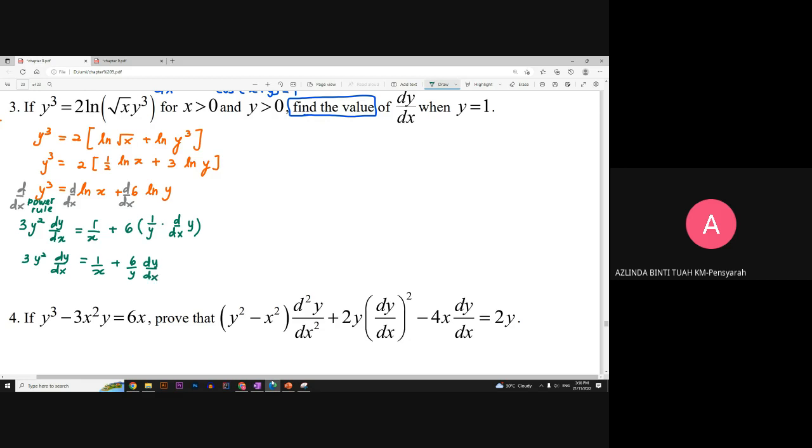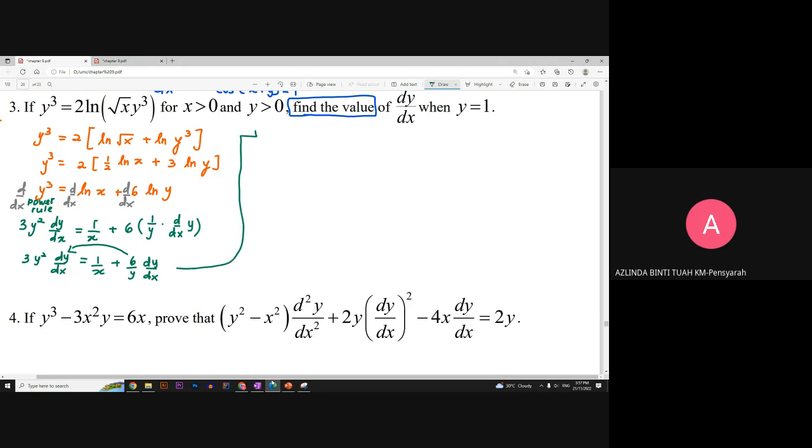Okay, so dalam bracket tu actually kita ada 1 over y darab dengan dy per dx. So letak saja 6 dekat atas tu, jadilah 6 dy per dx. Okay, jadi dy dx move to the left. Nanti kita akan factorize out dy dx, barulah akan bahagi ke kanan.